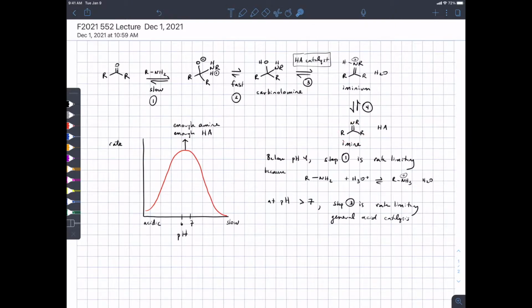And we talked about pH dependence, how there's this trade-off between having enough of the amine form versus the ammonium conjugate acid. And of course, that's dependent upon the pKa of the ammonium group.